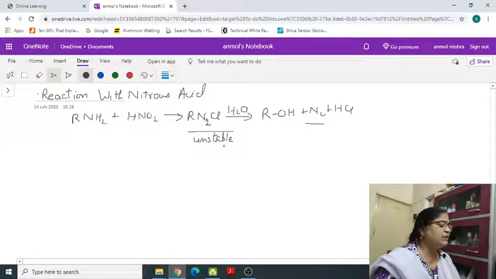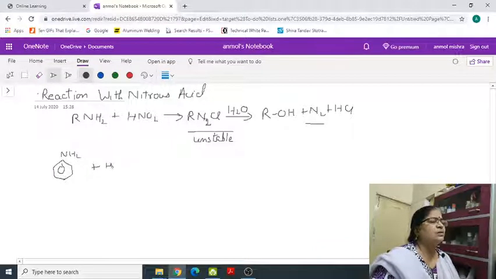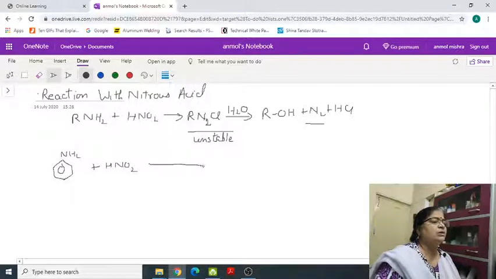Second is aromatic amines. Now nitrous acid is obtained, all of you know, from NaNO2 plus HCl. This gives you nitrous acid. Temperature is 0 to 5 degrees centigrade.